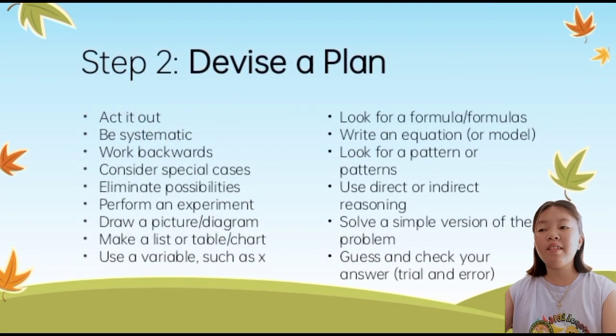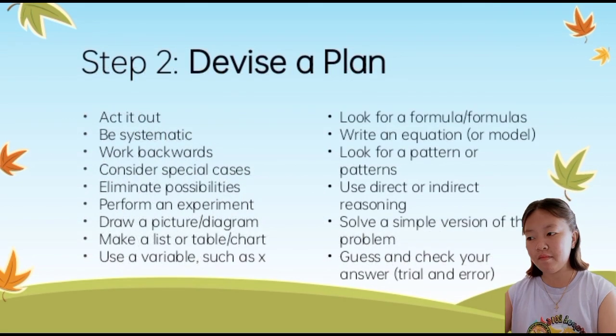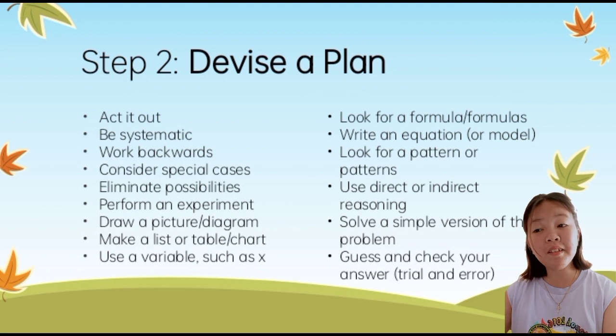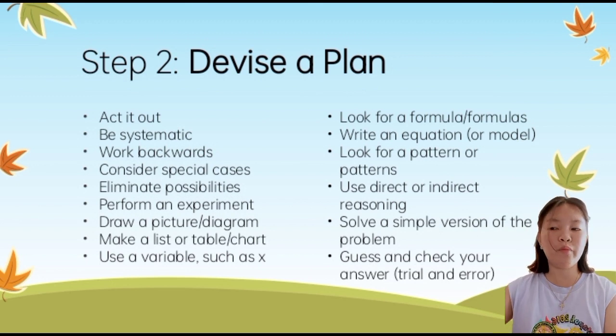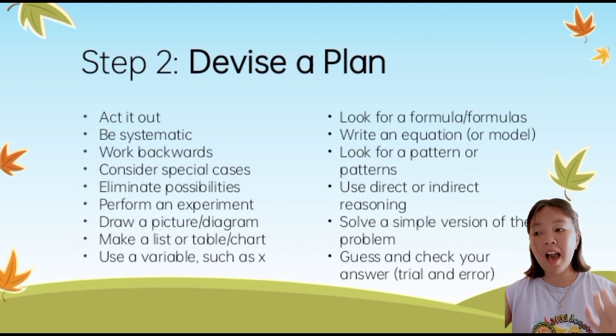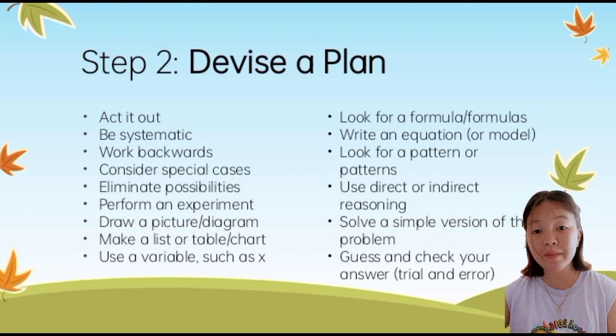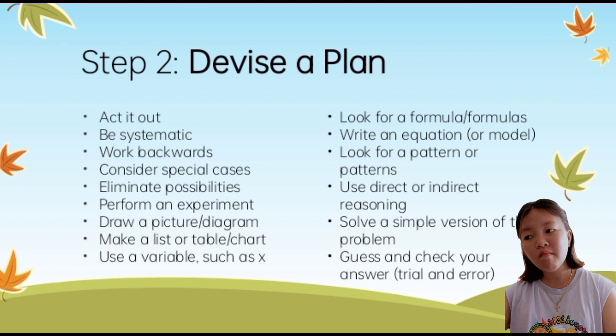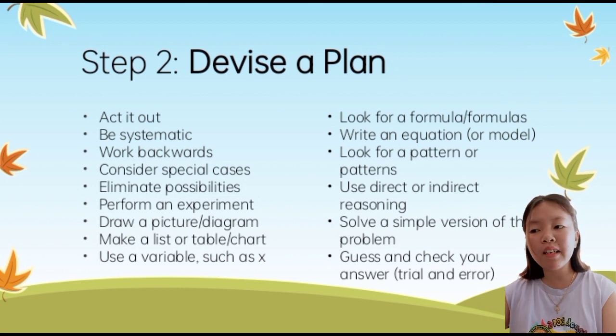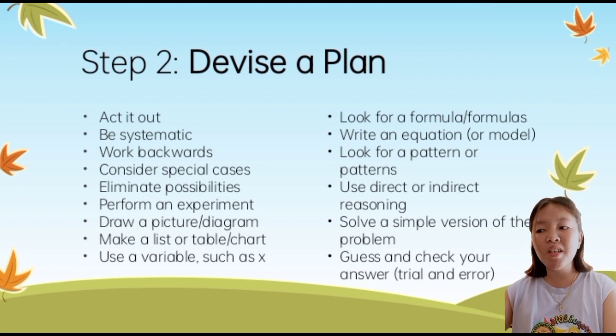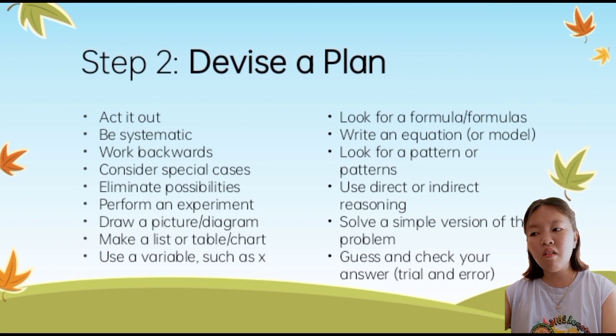Step 2. Devise a plan. Devising a plan or translating is a way to solve the problem by picturing how we are going to attack the problem. Ani ta maglista sa mga possible nga plan.